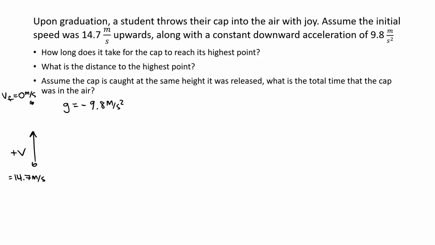That means we're going to use the form, so I'm going to write it out like this, because that's the way I've written it before. But then when we plug in the values, remember this is going to be negative.